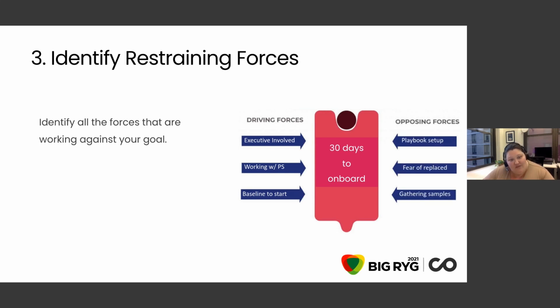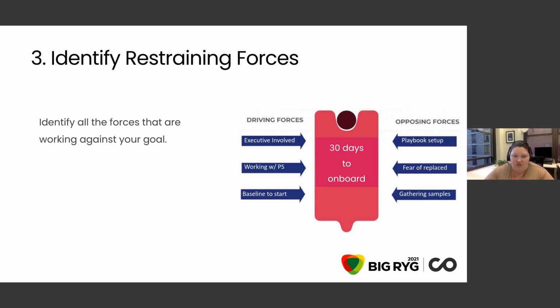Then we focus on the other side. What are the restraining forces? And again, same thing. We're whiteboarding this out, we're writing them all down. We had way more than three. And again, they don't have to be deliverables or concrete steps. They can be feelings.